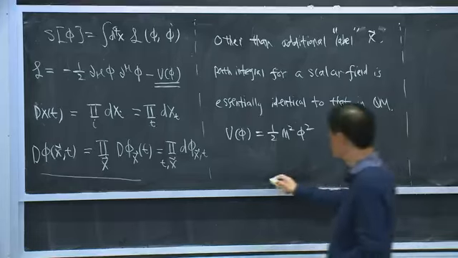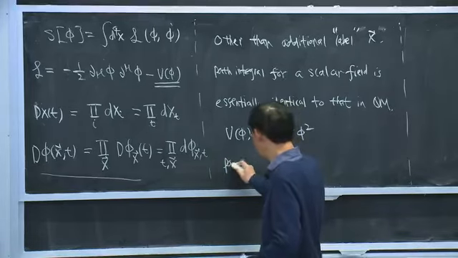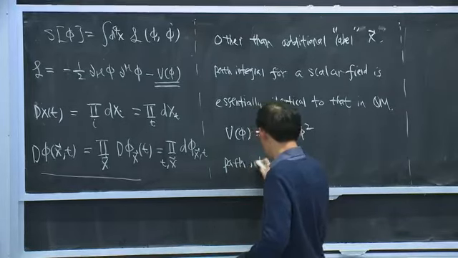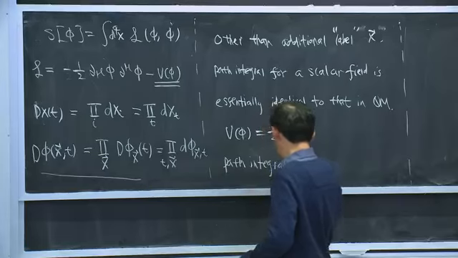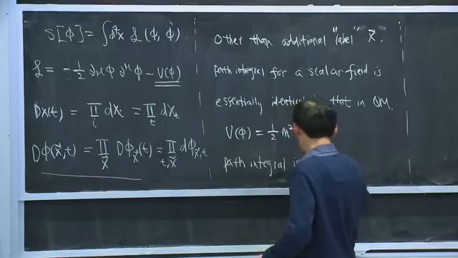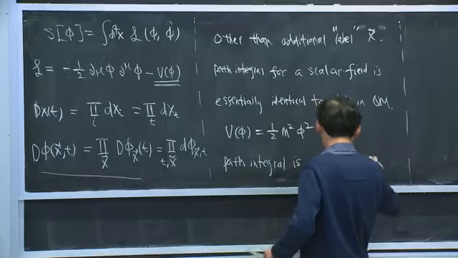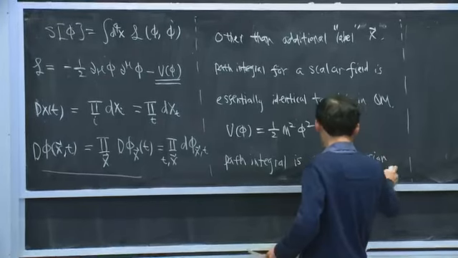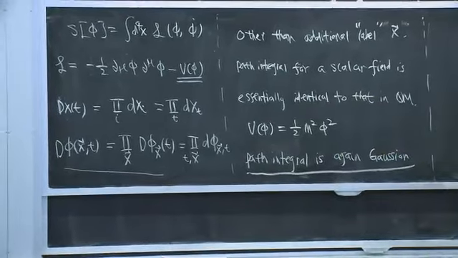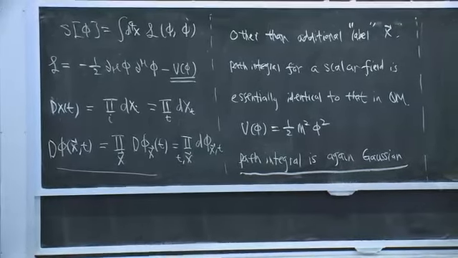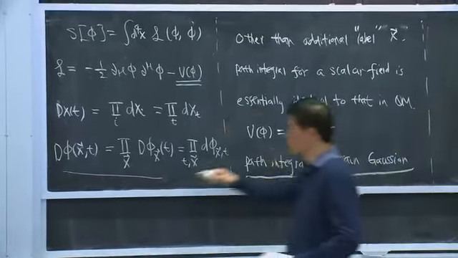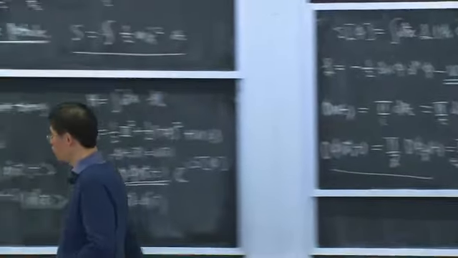And then in this case, the path integral is again Gaussian. Okay? The path integral is again Gaussian. And we will not write it again. So again, that formula and this formula apply.